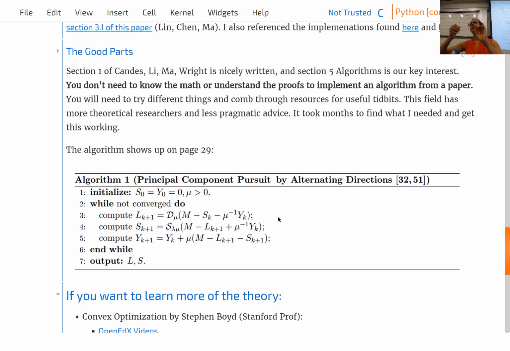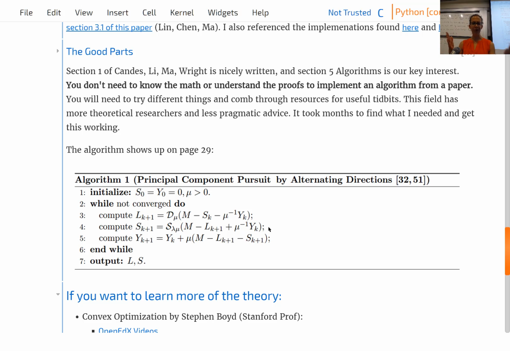That's where you just take the SVD, do this shrinkage operation on the singular values, so throw away the ones that are too little, and multiply back together to reconstruct your matrix. That's the approximation for the low rank matrix. The approximation for the sparse matrix is to do the shrinkage operator.